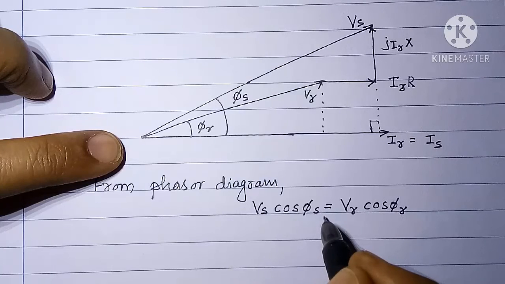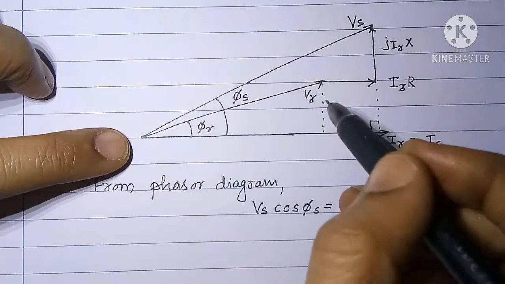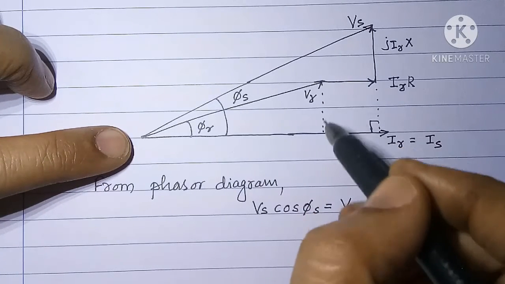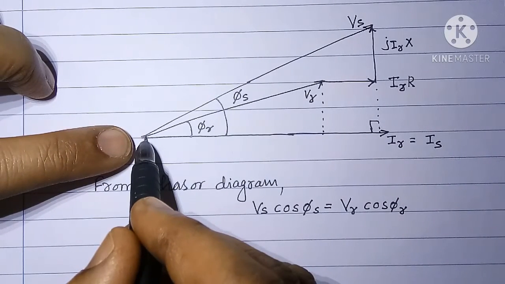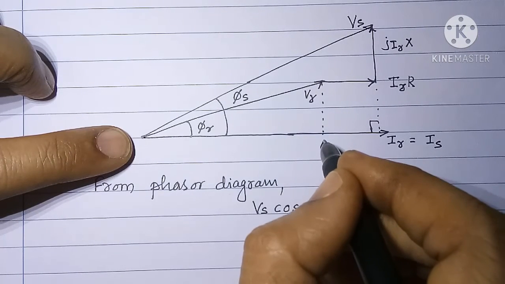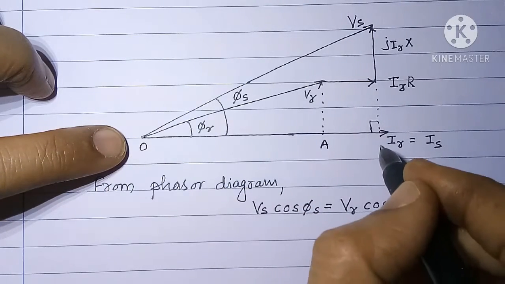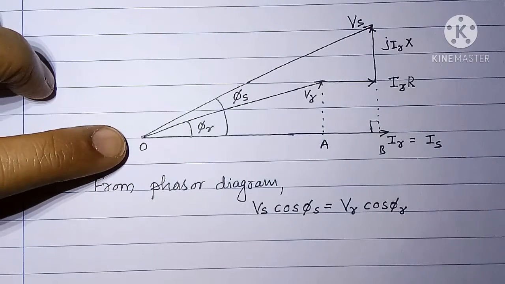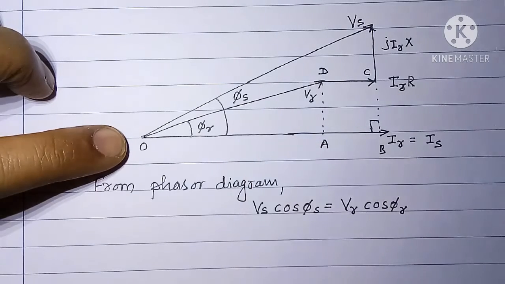So Vs into cos phi s is equal to the projection of VR on IR, that is from the starting point till the point here. We can call this simply A and this as O and the point here as B. This we can call as C, this we can call as D.